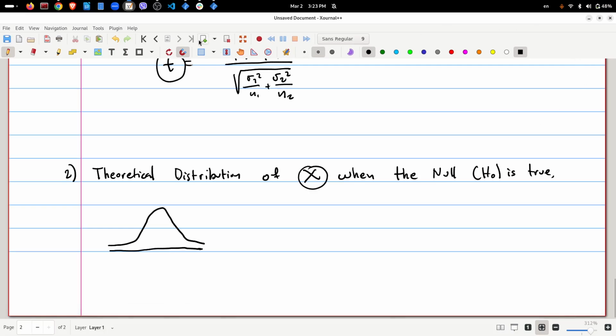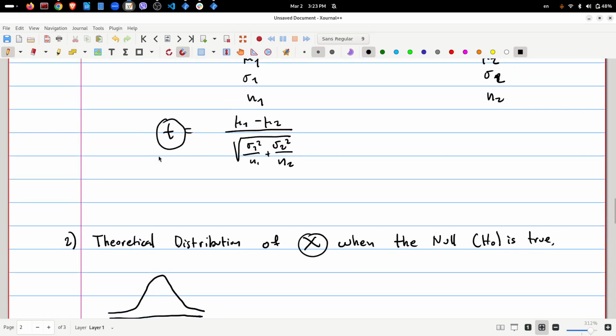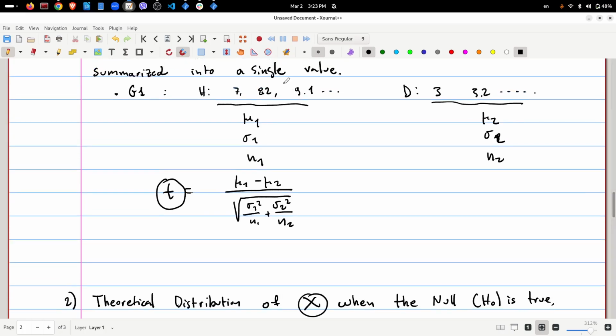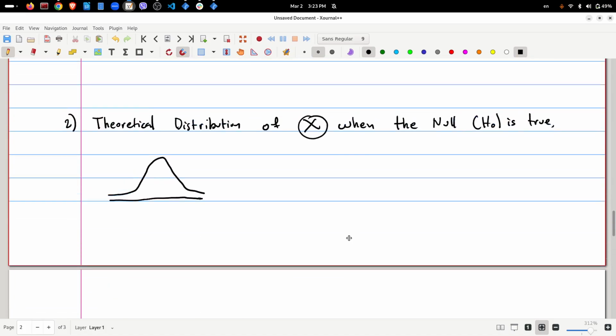Another example is the theoretical distribution of this T here when actually there is no difference between a group and another group. The theoretical distribution of this T is known. In the case of T, the theoretical distribution is known and described by the T distribution, with a parameter the degrees of freedom, but this is not important.